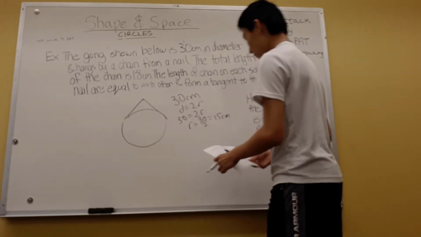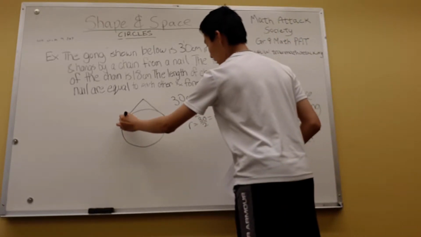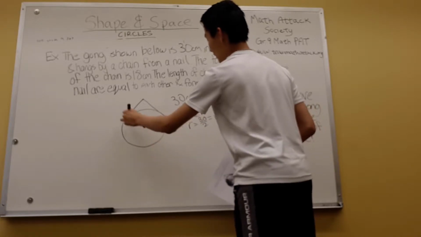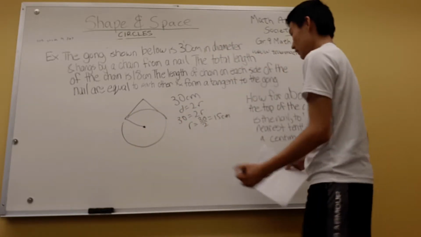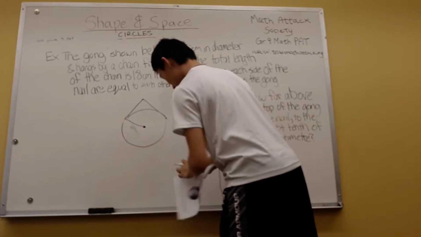Now, based on what we know from tangents, we have to draw a radius which connects to the center of the circle in order to make this problem work. So this is 15.